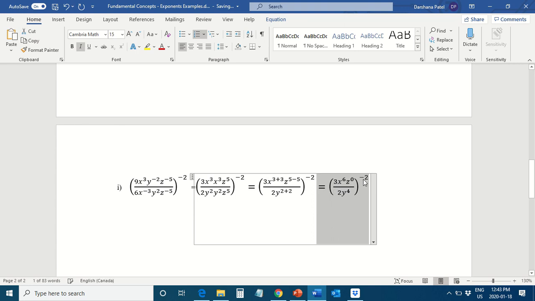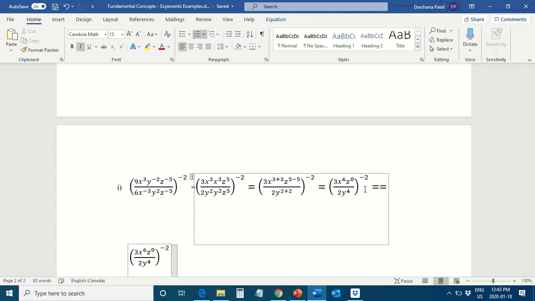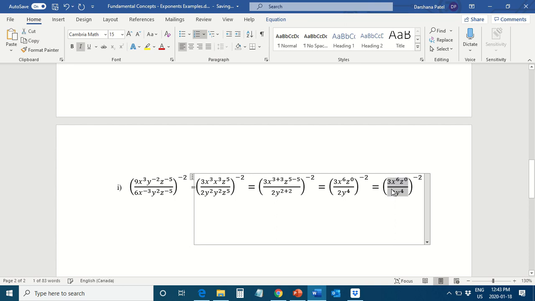Now, last step then, or second last step I should say, this negative 2, if I want to get rid of it, I have two options again. I bring that negative 2 in and apply it to everything. However, that way I'll get another negative exponent. So instead of doing that, if I want to get rid of the negative exponent outside the bracket, I can switch my numerator and denominator, meaning that I flip it.